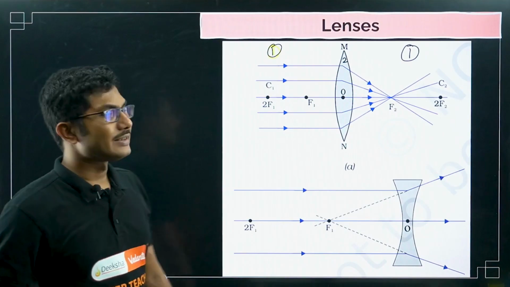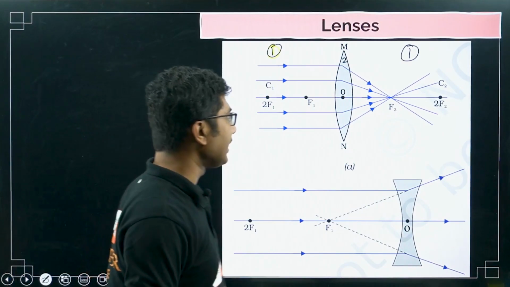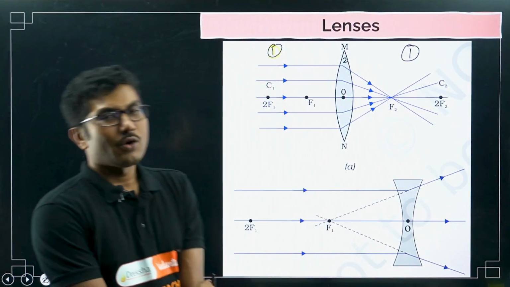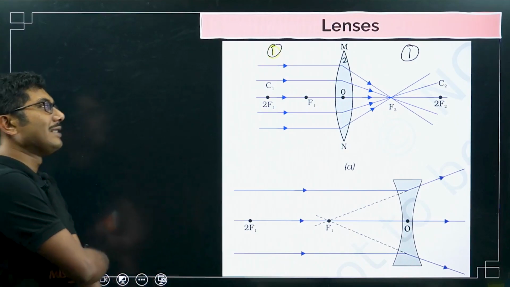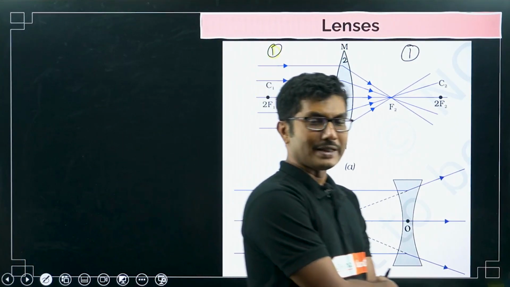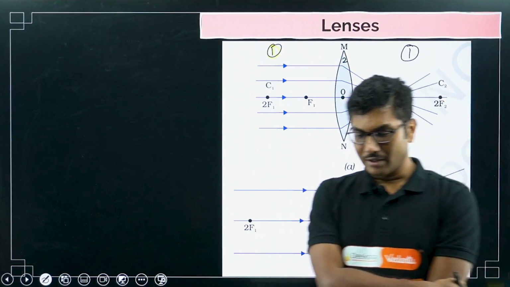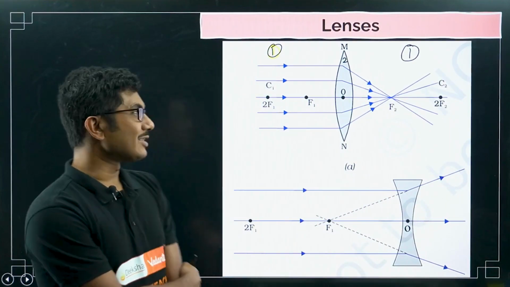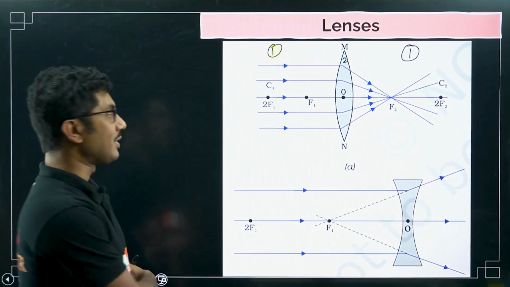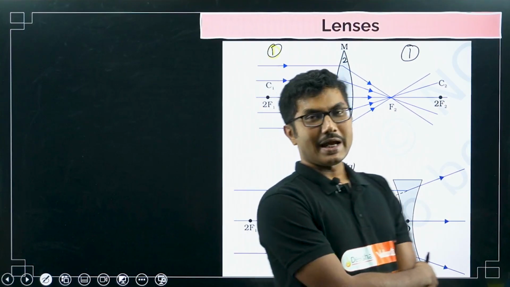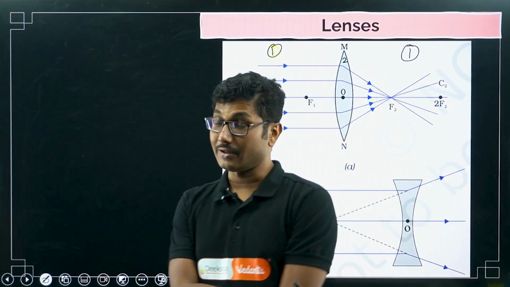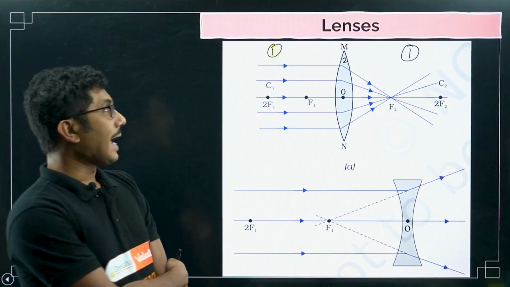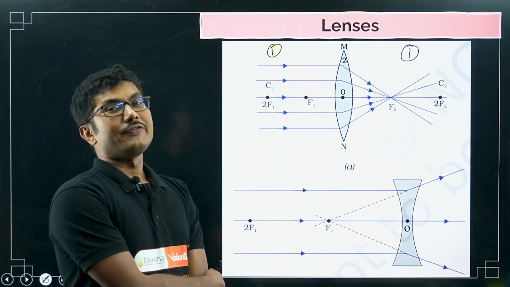There are two types of lenses that we are going to study. One is called a convex lens, one is called a concave lens. Like the mirrors, we have learned that in case of mirrors there are concave mirrors and convex mirrors. Similarly, in case of lenses also we will study two types of lenses, convex lens and concave lens, and they are called spherical lenses.